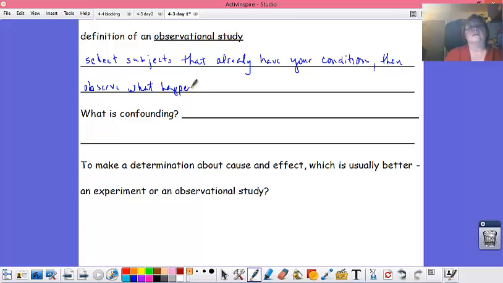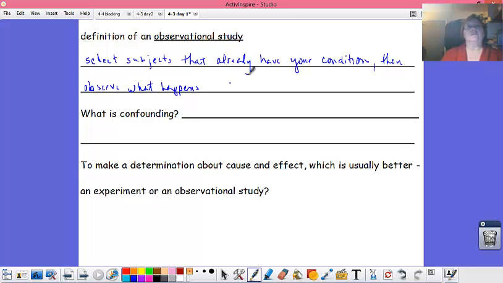Now, if you think about this, with the smoking example, we can't make anybody smoke, but we certainly can look at records of people who do smoke, and we can note what happens to their blood pressures, what happens to their oxygen levels in their blood, etc. Right? We can already look at that stuff, and then we can compare it with people who don't smoke. So it's possible that you can talk about causation that way. However, usually an experiment carries more weight.